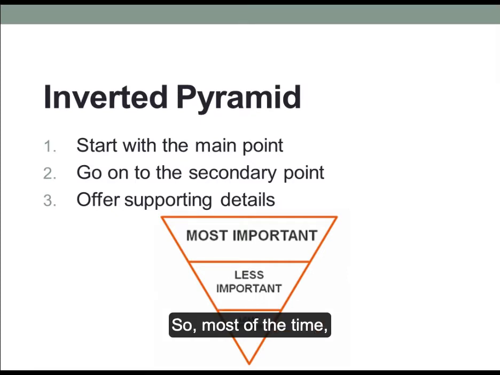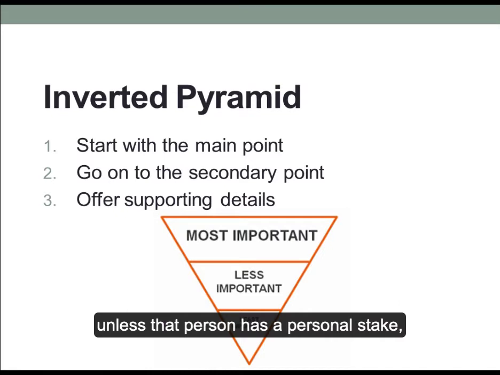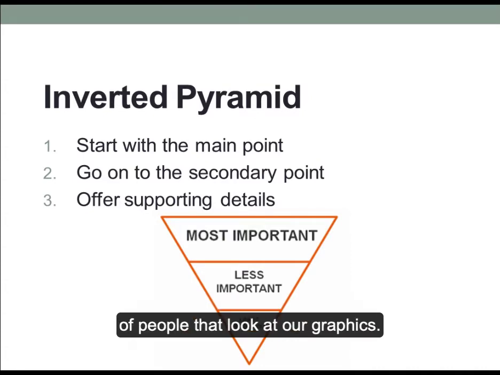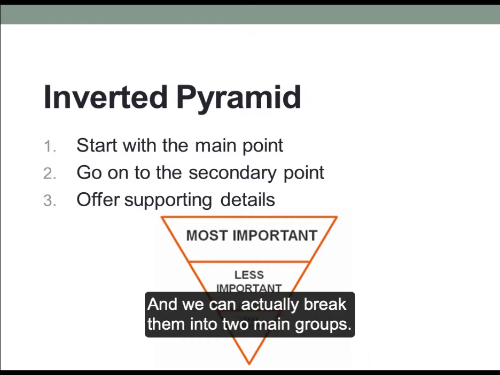Most of the time they will be skipped unless that person has a personal stake, a reason for seeking out those details. That tells us there are different types of people that look at our graphics, and we can break them into two main groups.